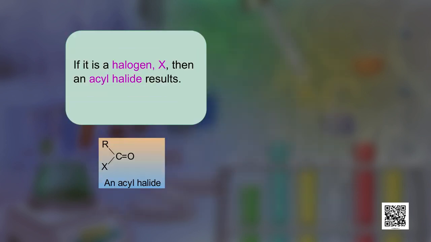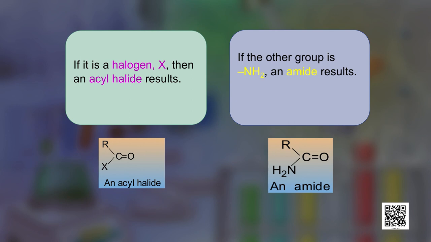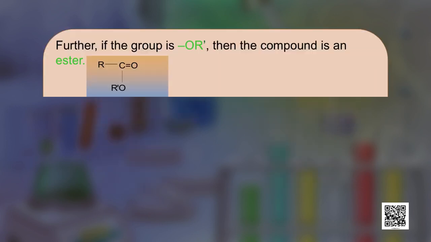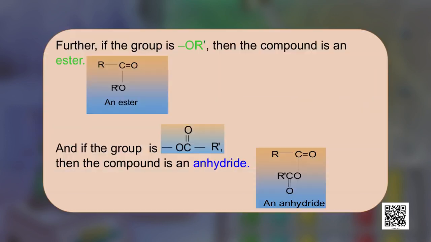If it is a halogen denoted by X, then an acyl halide results, and if the other group attached is an NH2 group, then an amide results. Further, if the group is OR', then the compound is an ester, and if the group is a RCOO group, then the compound is an anhydride.